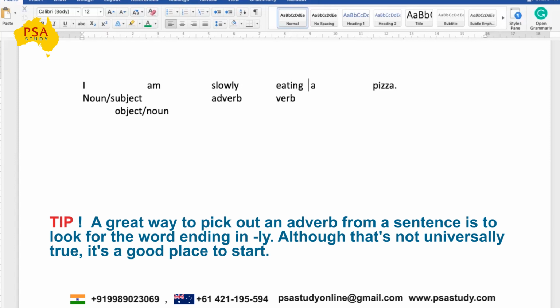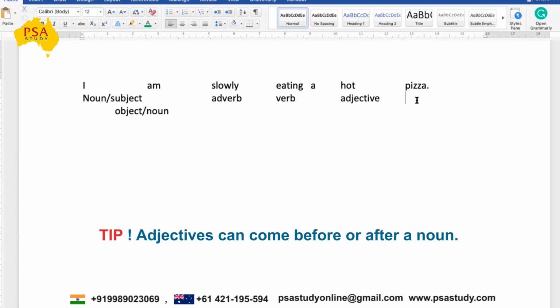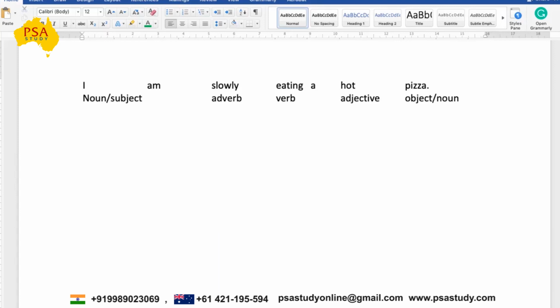And if I say a hot pizza, again hot will be an adjective, because now this is what I'm adding towards the noun. Right? So now I have noun, subject, adverb, verb, adjective, object, or noun.